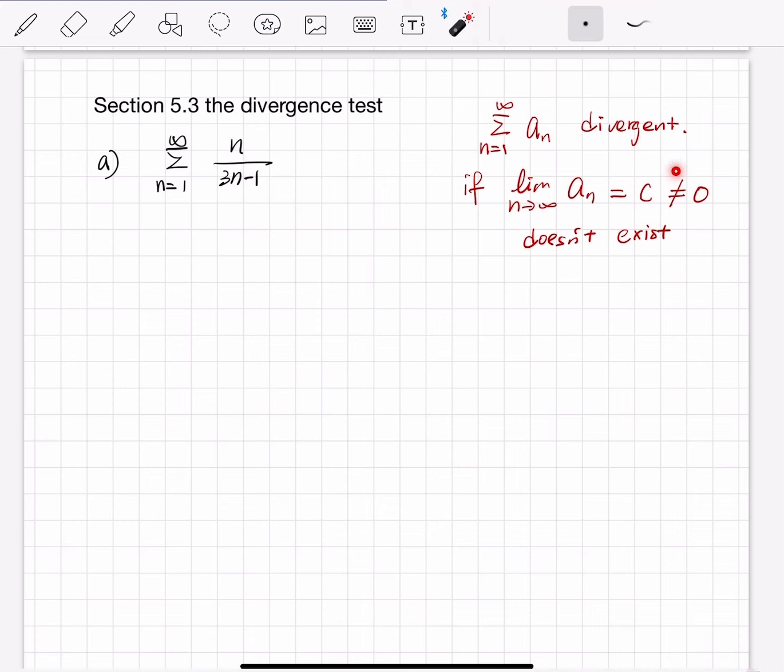But if it equals 0, we cannot conclude it's convergent. It's going to be inconclusive.